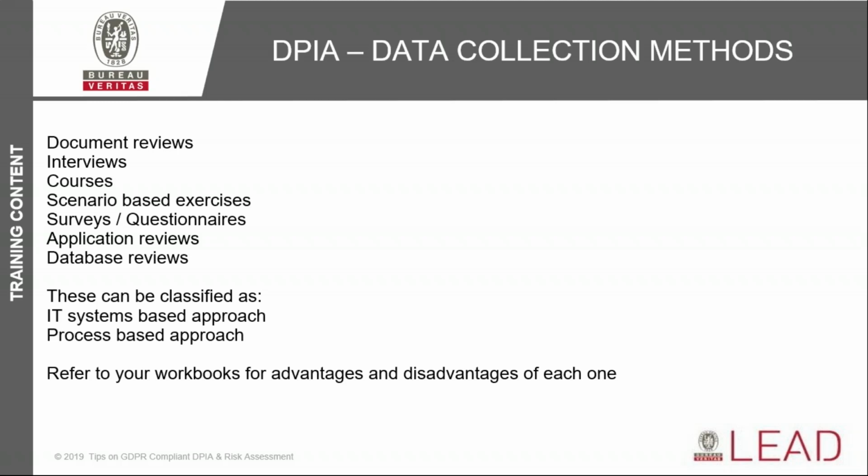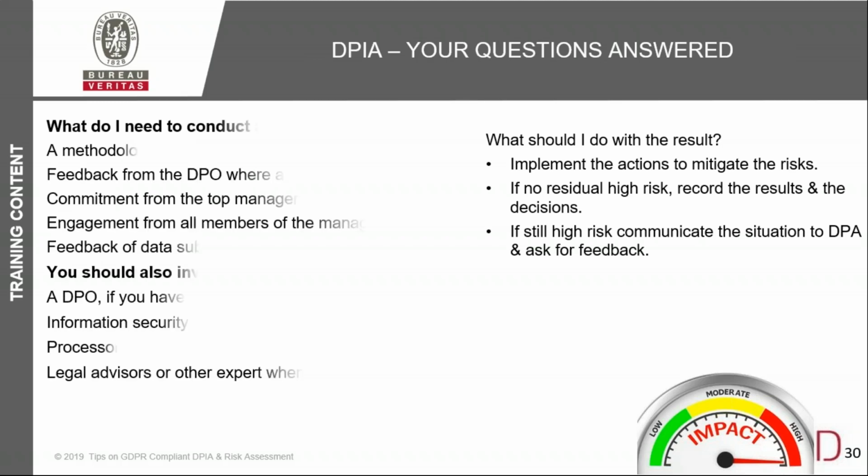All these things will help you to understand which department or which part of the business is holding what kind of information, whether it's personal data, whether it's sensitive data, whether it's high risk data, and what you do about that, how securely you are doing it, what kind of weaknesses you have in place, and what kind of improvement activities you need. All these things can come out of these data collection methods and the analysis of their results.